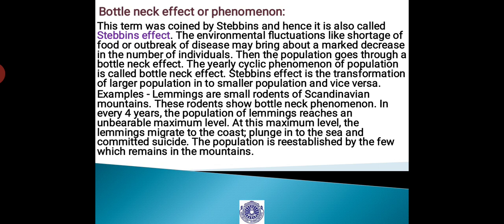In every 4 years, the population of these lemmings reaches an unbearable maximum level, and at this maximum level, the lemmings migrate to the coast, plunge into the sea, and commit suicide. And the population is re-established by the few which remain in the mountains once they return back to their native place. So this effect is one of the best examples for this bottleneck phenomenon.